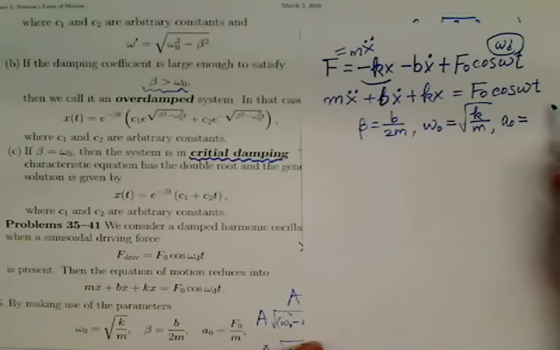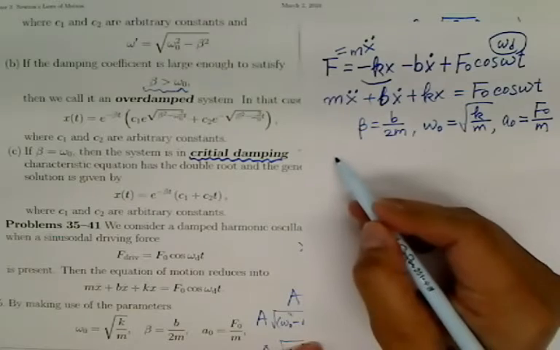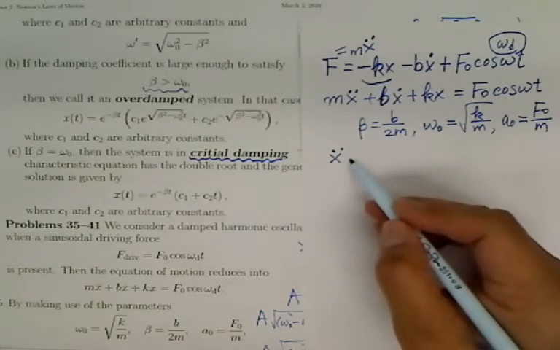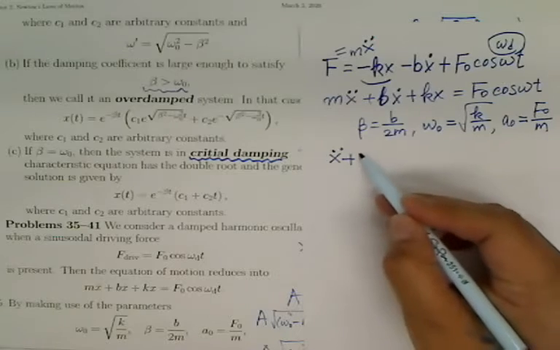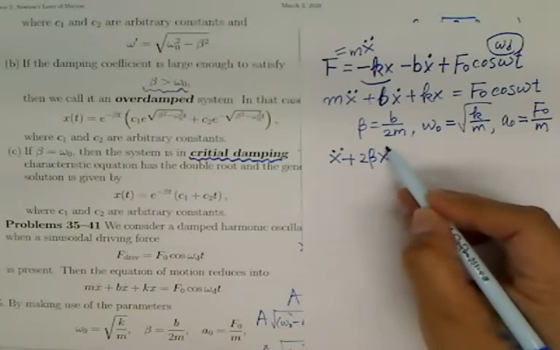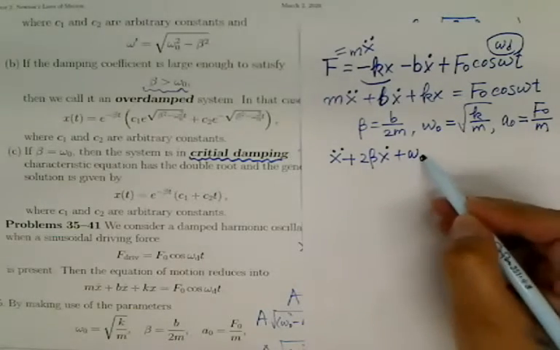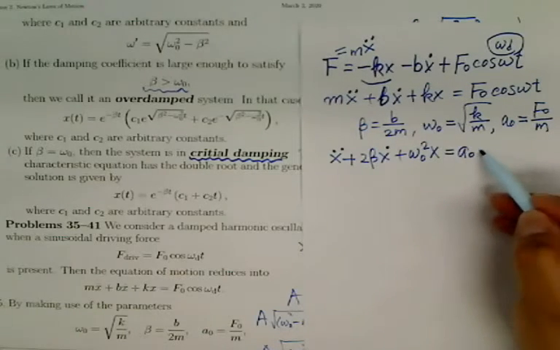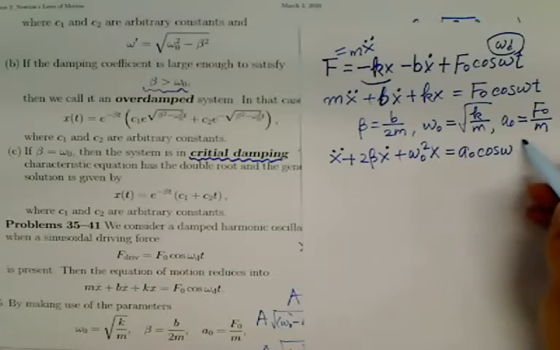Define a0 to be f0 divided by m. Then the equation of motion reduces to the form x double dot plus 2 beta x dot plus omega 0 squared x equals a0 cosine omega t.